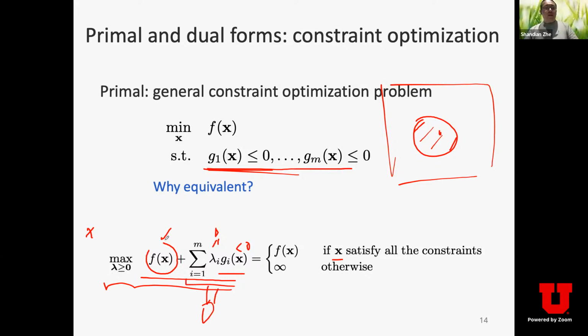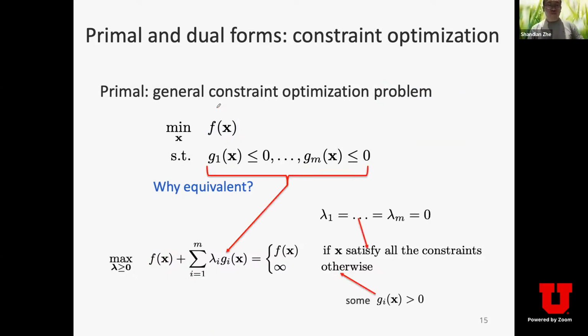Then your inner maximization will be f(x) only, and that means your inner maximization will recover the objective function in the first problem. Does it make sense?